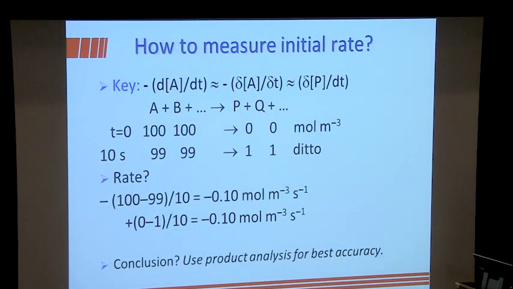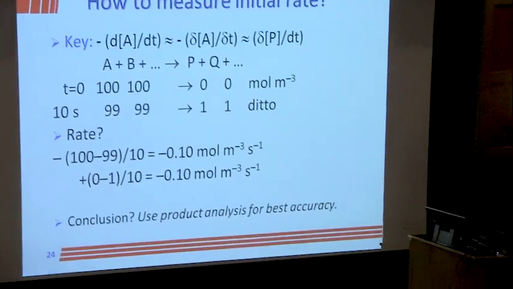Okay, so how would we measure the original or the initial rate? Okay, so say we have A and B reacting to give us products P and Q. Okay, and we have lots of A and B at the start, and of course we have no P and Q. What would we choose to monitor the rate of reaction if we had a choice?